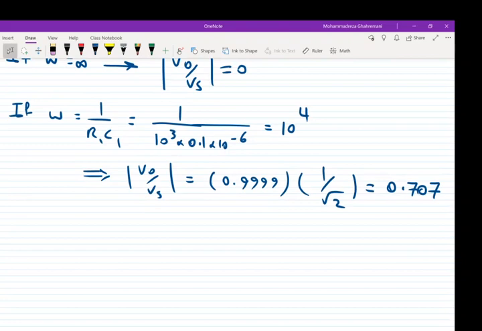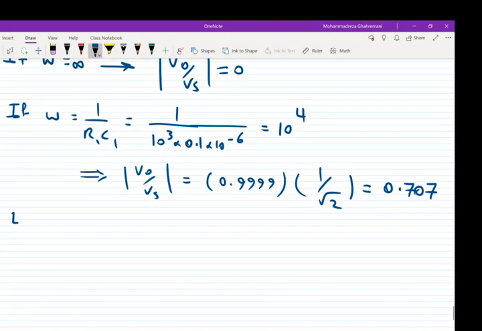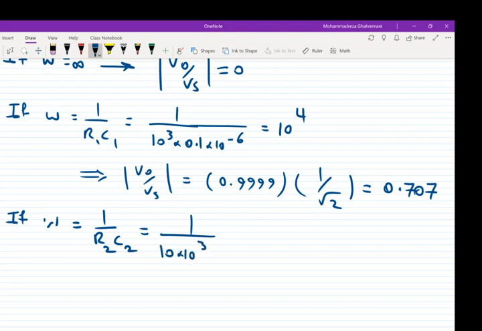The second cutoff frequency, we can say if omega is 1 over R2C2, which is equal to 1 over, what is the value of R2? 10 times 10 to the power of 3 times C2, 1 microfarad, 10 to the negative 6, which is equal to negative 3, negative 2, so 100. So it's 10 to the power of 2.